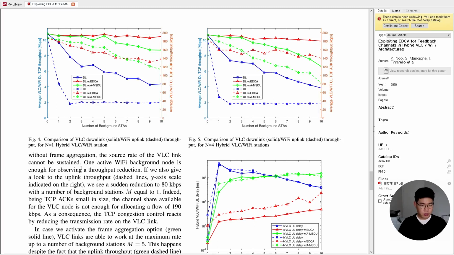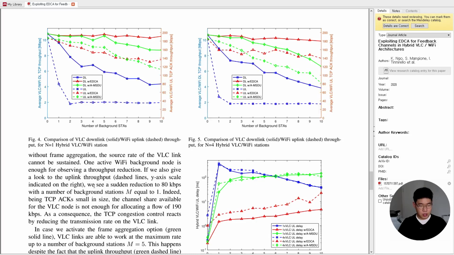Without frame aggregation, the source rate of the VLC link cannot be sustained. One active Wi-Fi background node is enough to observe a throughput reduction. Look also at the uplink throughput, dashed lines, with the y-axis scaling indicated on the right.